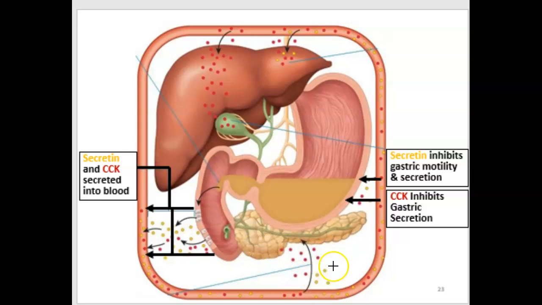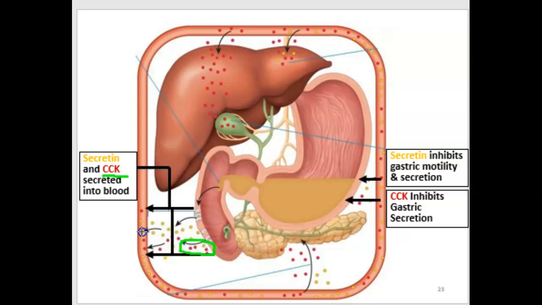And this picture's got the pancreas in it and the liver. But anyway, also the chyme is very low in pH, and it was the low pH that triggered the secretin production. But the chyme also has lipids in it, and that's going to cause some of the cells to make cholecystokinin. And in this picture, cholecystokinin is red.